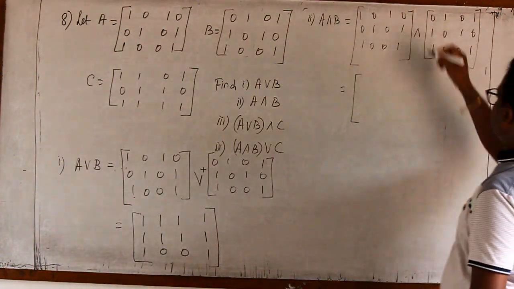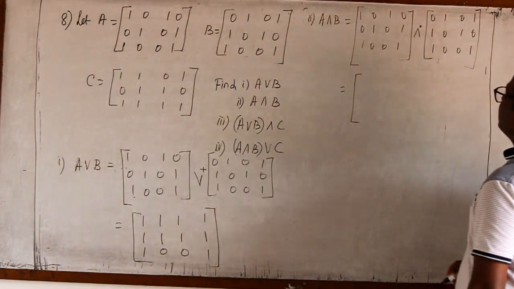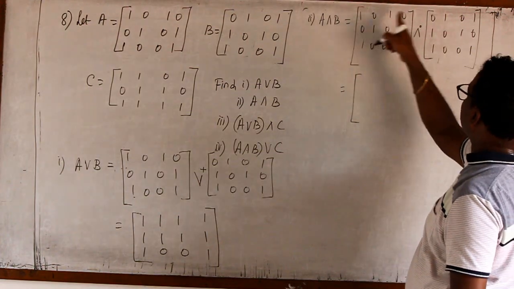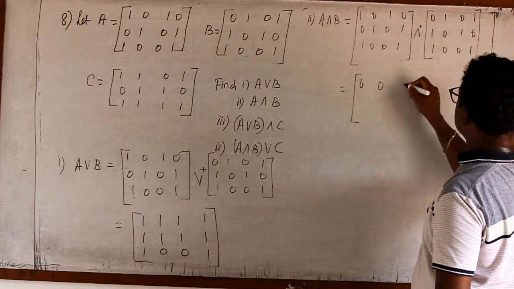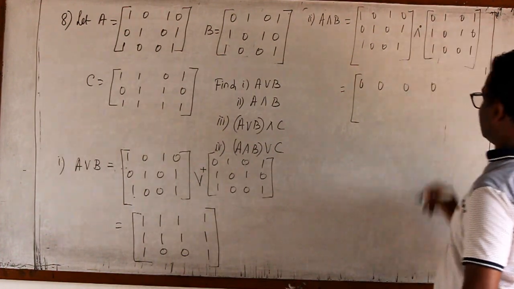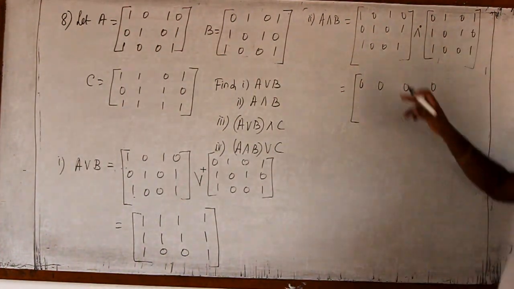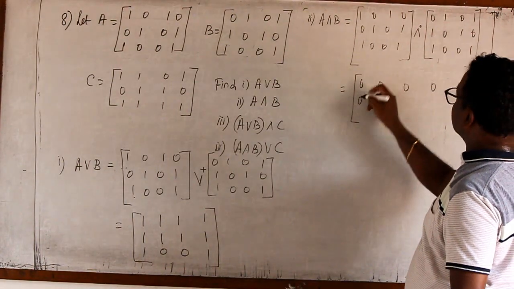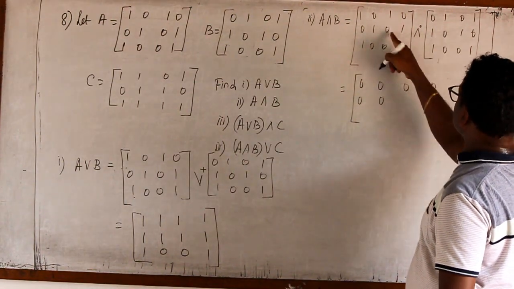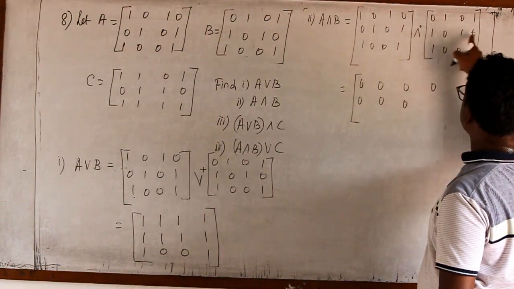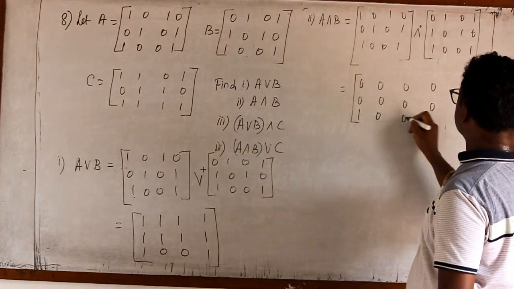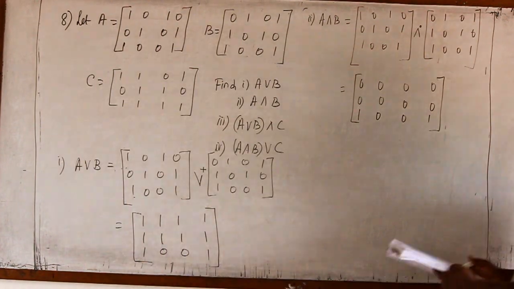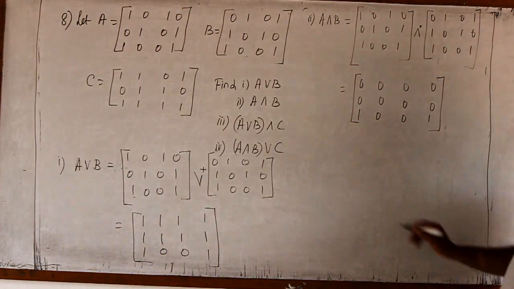When it is conjunction, that is AND, I have to multiply, and multiply means multiplying the positions only. 1 into 0 is 0, 0 into 1 is 0, 1 into 0 is 0, 0 into 0 is 0, and so on, 1 into 1 is 1. This is our second one.